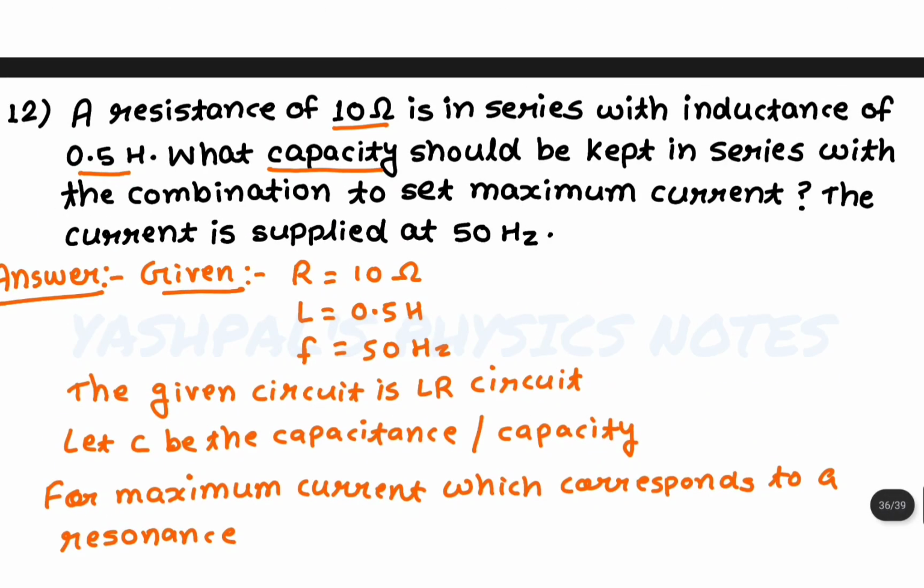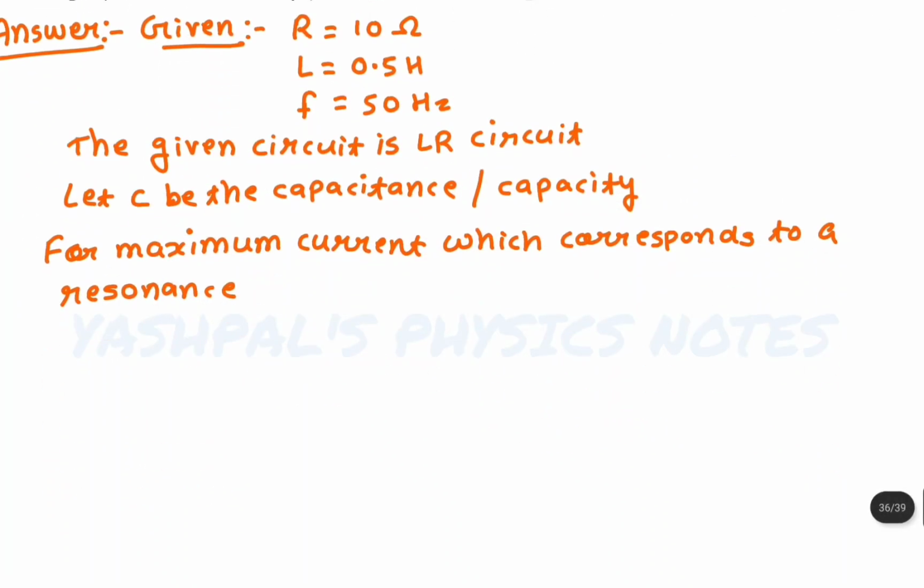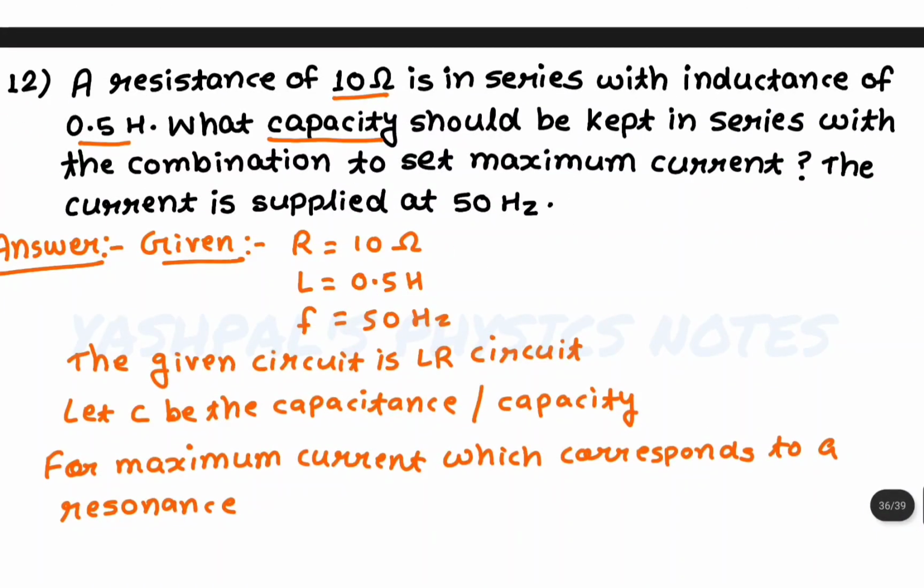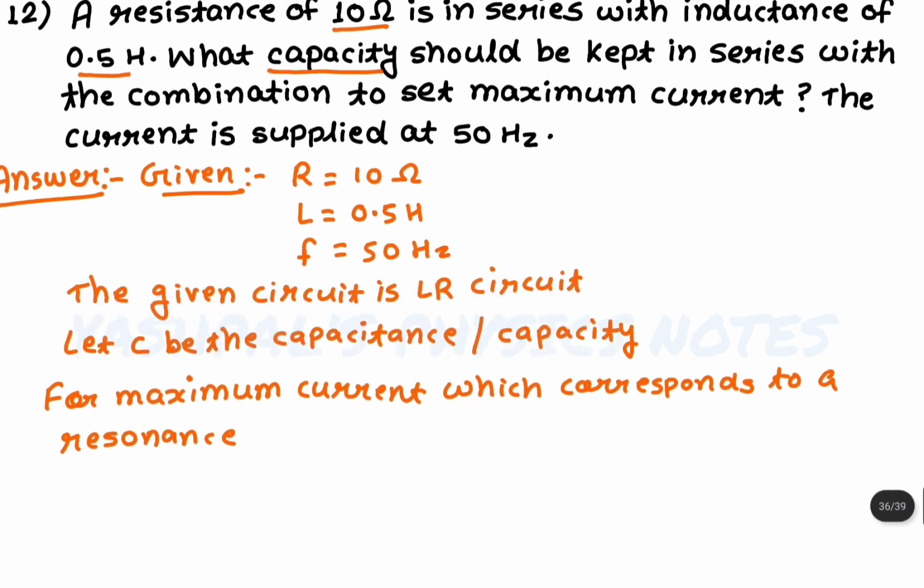A resistance of 10 ohm is in series with inductance 0.5 Henry. What capacity should be kept in series with a combination to set maximum current? The current is supplied at 50 Hertz. So here the value of frequency is given as 50 Hertz.